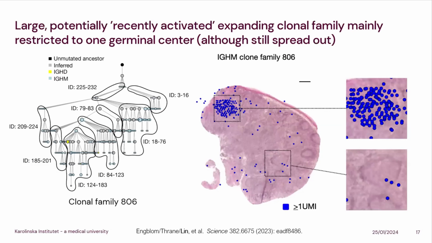But still, we have some spots that look outside of it, or even entering other follicles. We are very curious about that, whether those spots are enriched in one subtree and have another branch that is spread out outside, or whether they have other patterns.